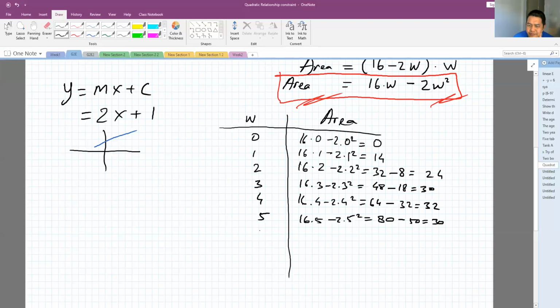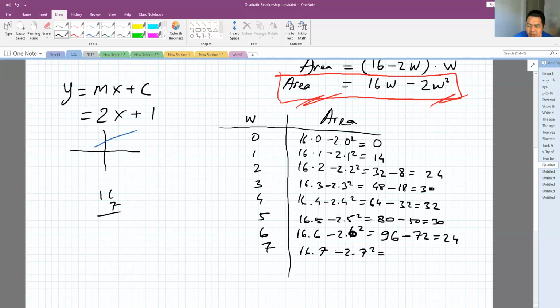And then when the width equals 6, 16 times 6 minus 2 times 6 squared, so it will be 96 minus 72, it is 24. And then when the width equals 7, 16 times 7 minus 2 times 7 squared, so what is 16 times 7?